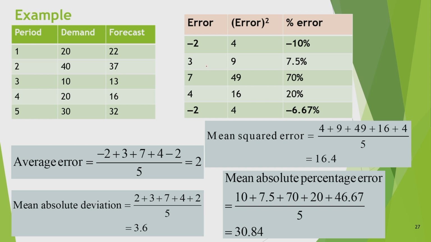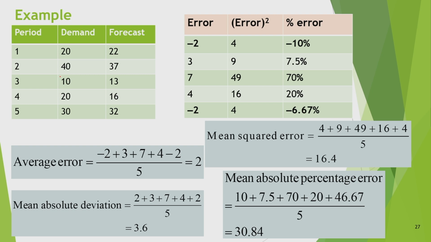This is 40 minus 37, 3, and 10 minus 13 is minus 3, this is 10, and this will be 20 minus 16. And this becomes 30 minus 32, and this is actually 20.